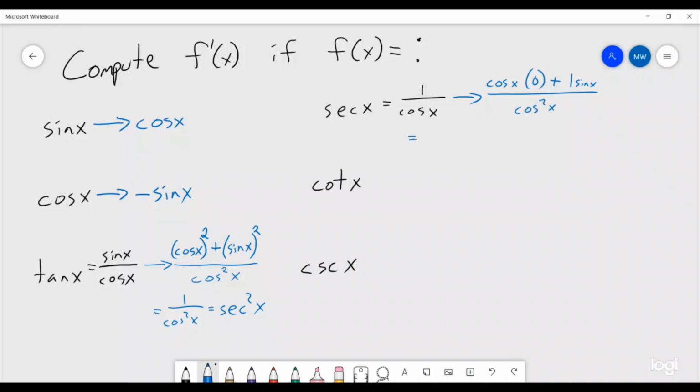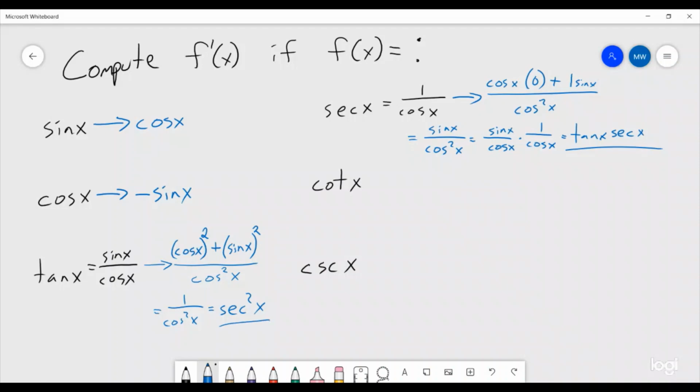So that is sine x over cosine squared x, which is the same thing as sine x over cosine x, times 1 over cosine x, which is tangent x secant x. So that is the derivative of secant of x.